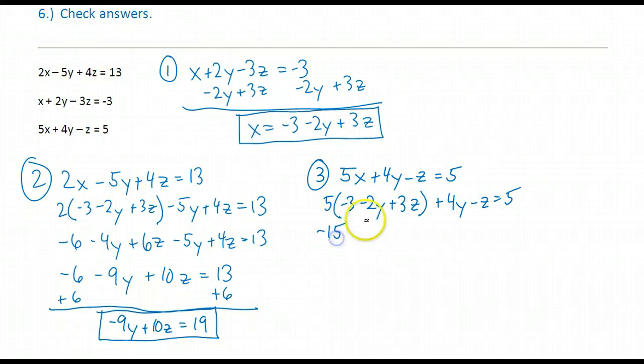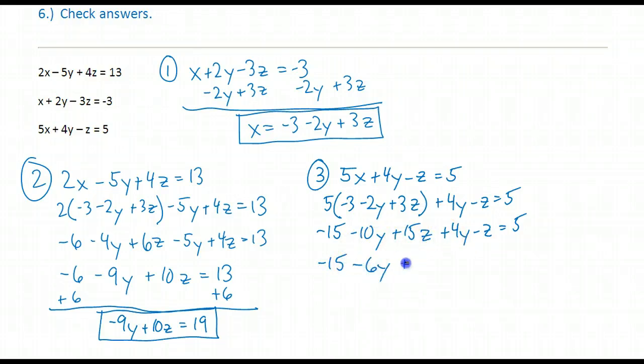Simplify by distributing first. Combining my like terms, I have a grand total of negative 6y's and positive 14z's. And I want to add 20 to both sides so my equation is in standard form.